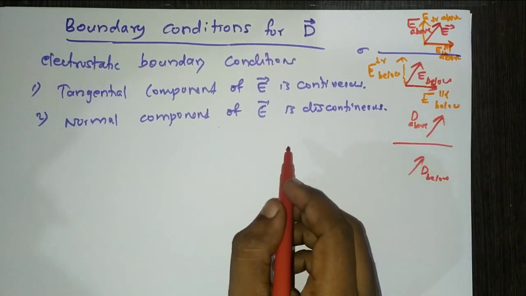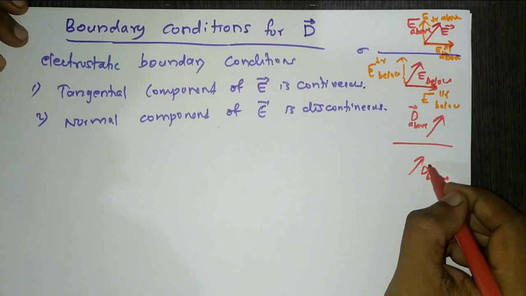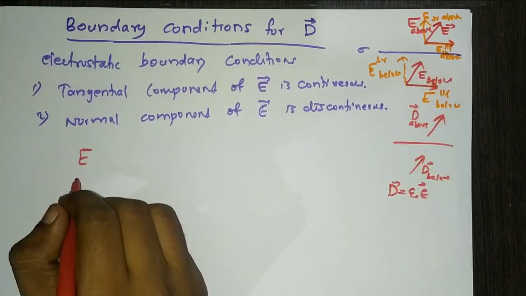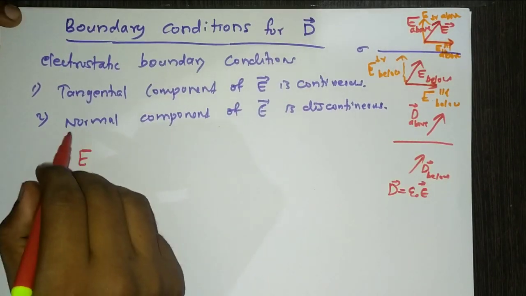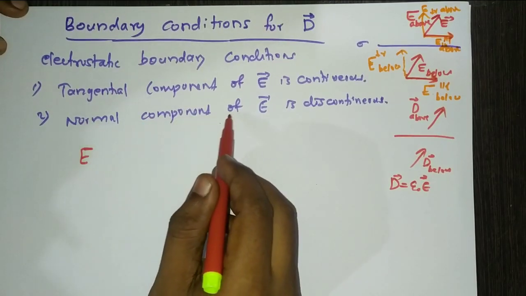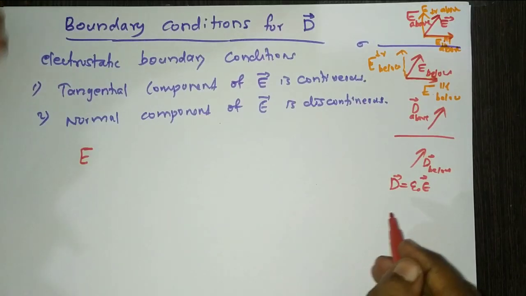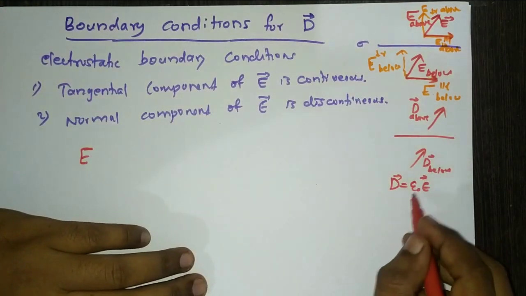Then what will be the boundary conditions for this electric displacement vector? Let me consider first this boundary condition. What will be the normal component of the electric displacement vector? Here also we can resolve these two vectors.